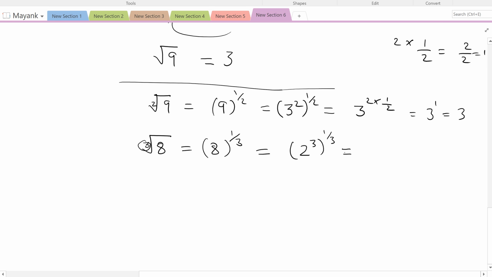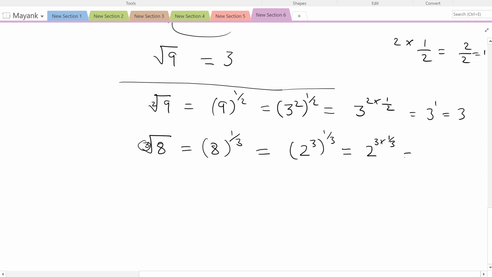As we learned that powers multiply, so you do 2 powered by 3 times 1/3. Now what is 3 times 1/3? Yeah? 1.